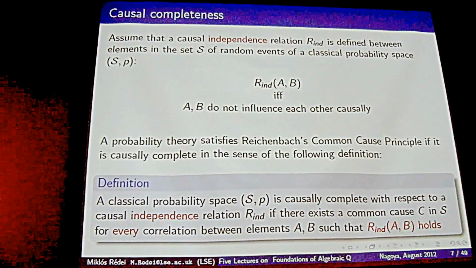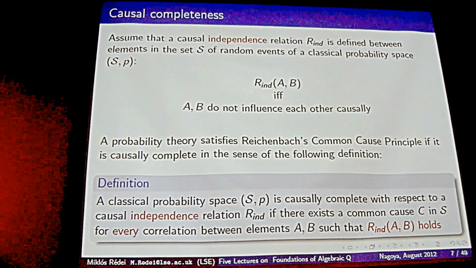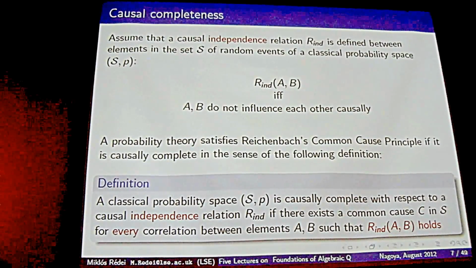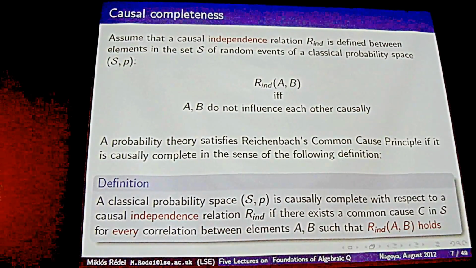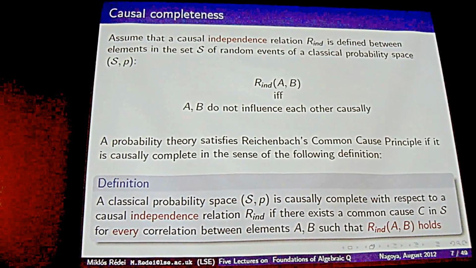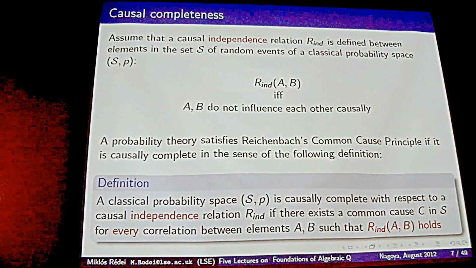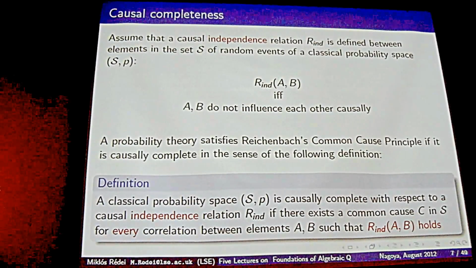Okay. Now, the definition of causal completeness. Remember what the common cause principle was. It said that if there is correlation, then either there is a causal connection, or if there is no causal connection between them, then the correlation is supposed to be explained by a common cause. And the causal completeness definition expresses that.